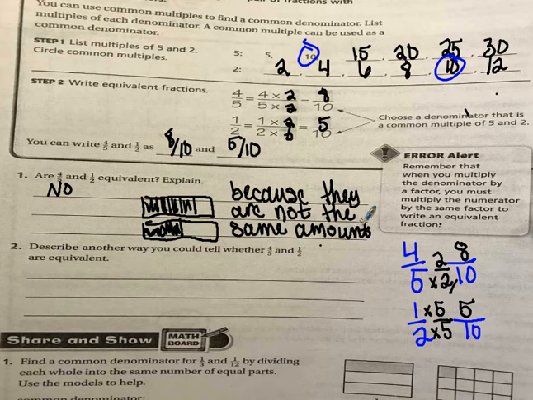Okay. Alright, number 2, describe another way you can tell whether 4/5 and 1/2 are equivalent. Well, they're both written in simplest form, so if the fractions were equivalent, the simplest form of the fractions would be the same.